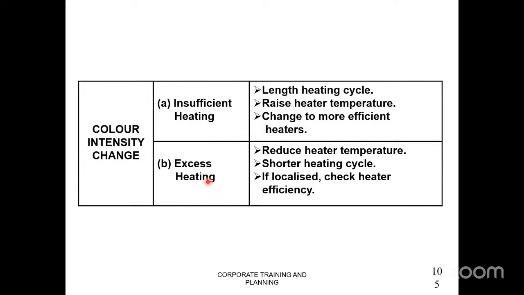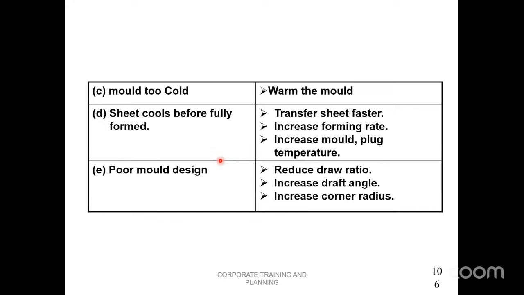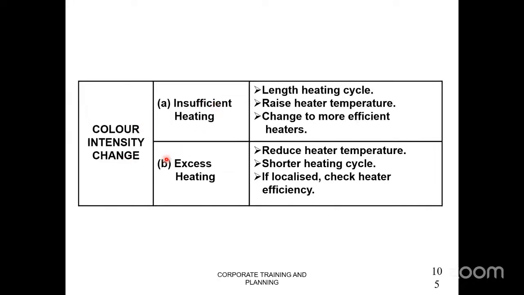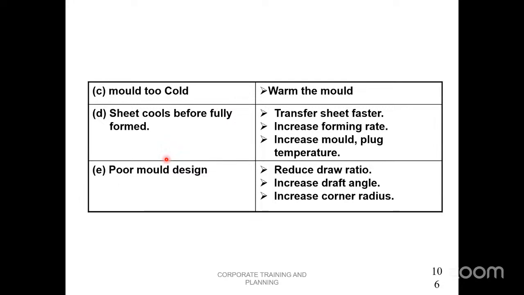Therefore, you have to use the optimum temperature for the color. Generally, the color gets faint due to a high heat frame. Too cold is also one reason for this color. Then the sheet cools before being fully formed.